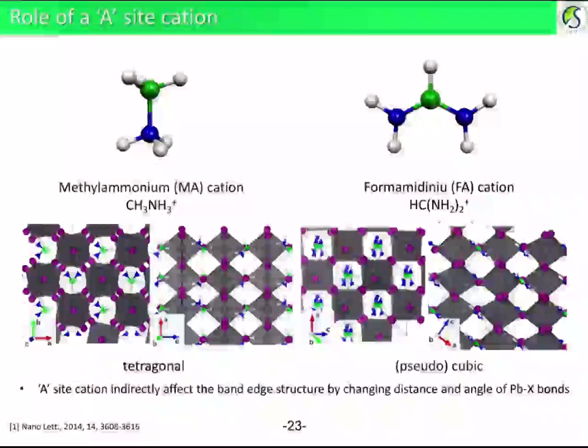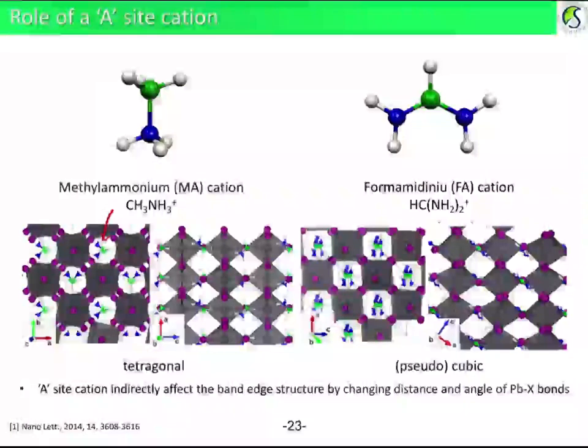So depending on the size of the A cation occupying the cuboctahedral site of the crystal, the surrounding arrangement of PbI6 or PbX6 octahedra can be changed, such as the bonding angle or bond length.